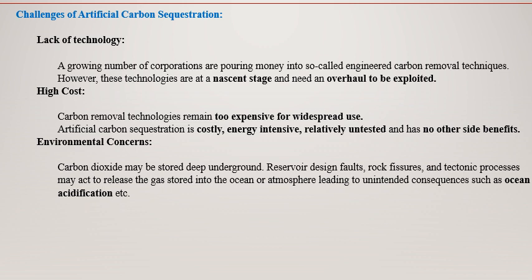It may be stored deep underground in rocks, and tectonic processes may act to release the gas stored in the ocean, leading to unintended consequences such as ocean acidification. So the scientists are thinking about the best methods to divert the carbon so that we can use it later.